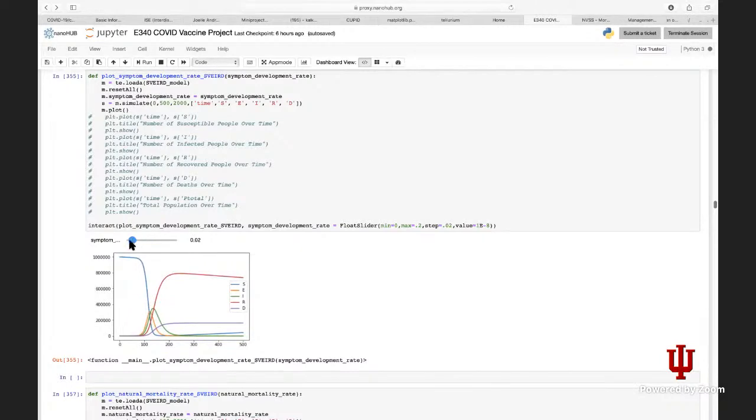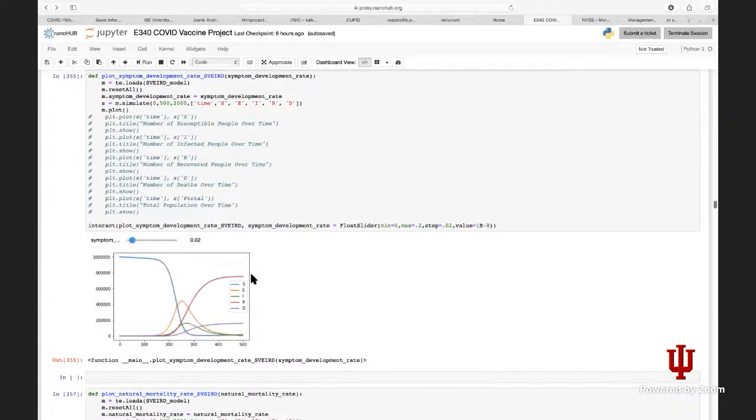So if we put the symptomatic development rate to 0 and we wait, then that means that no one goes from the asymptomatic stage to the I infected stage. So really this graph isn't super interesting.